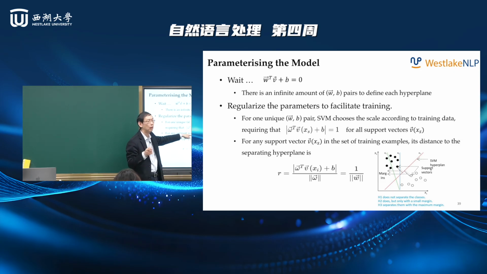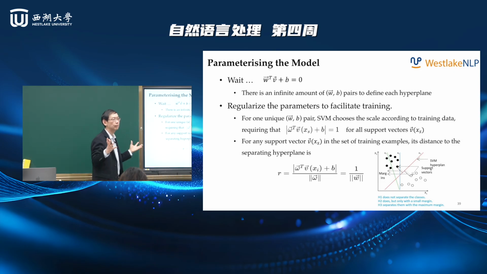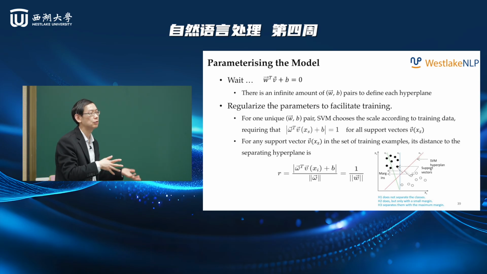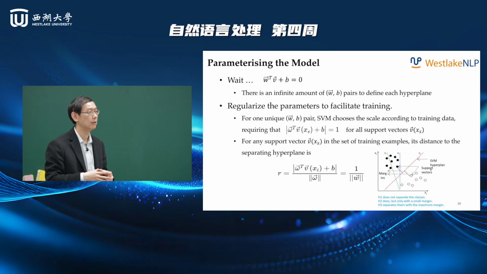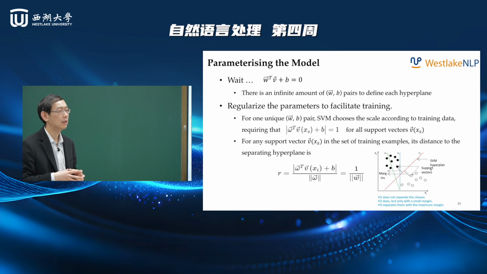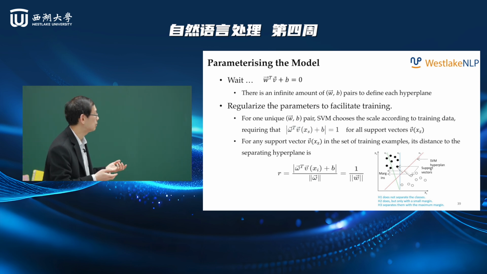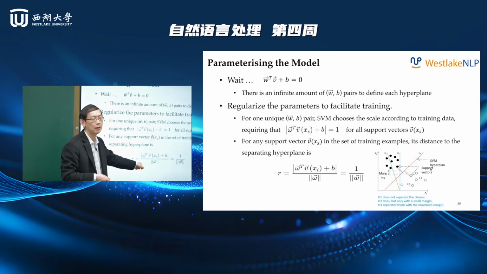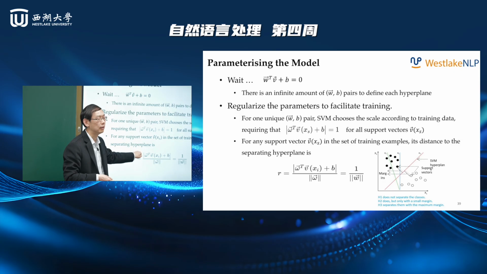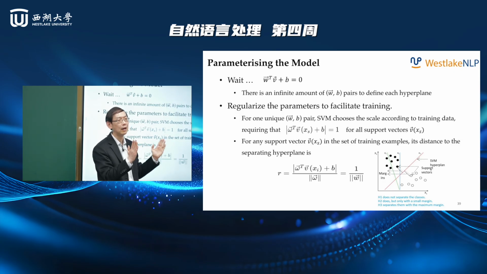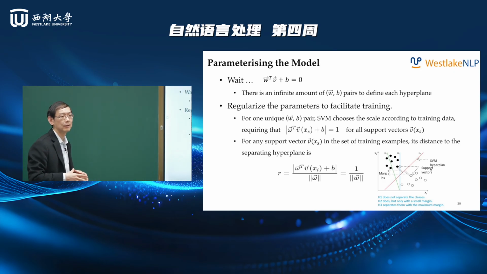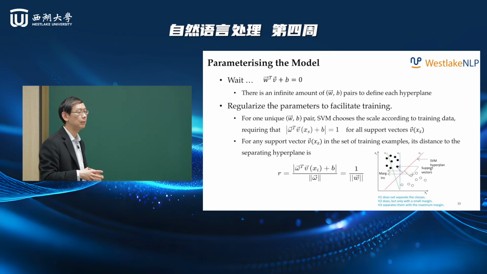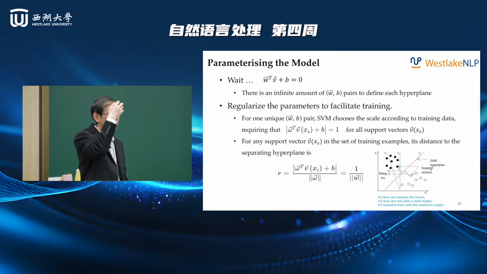I just assume that for all the support vectors, wv plus b equals 1. That constraint equals the removal of one free parameter. So given that constraint, your training objective is to minimize the support vector distance to the hyperplane, and because the numerator is 1, you minimize 1 over omega. That's very simple. They remove the free parameter because they want to simplify the training objective.